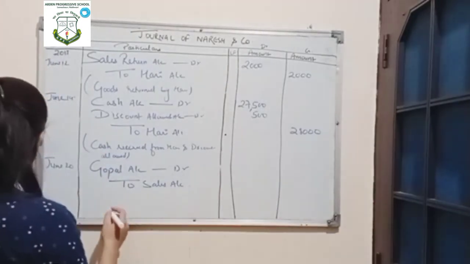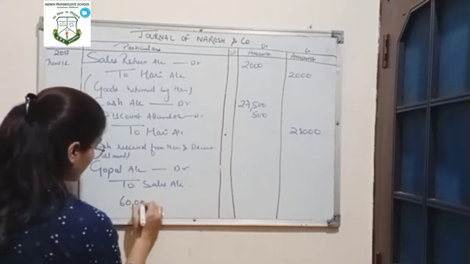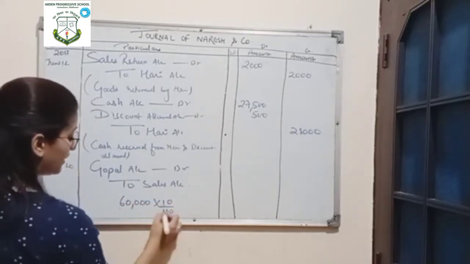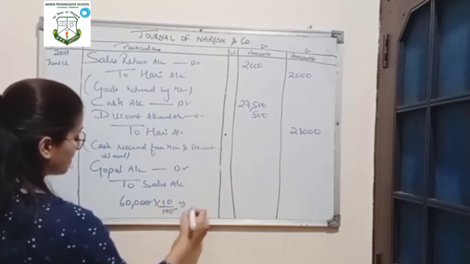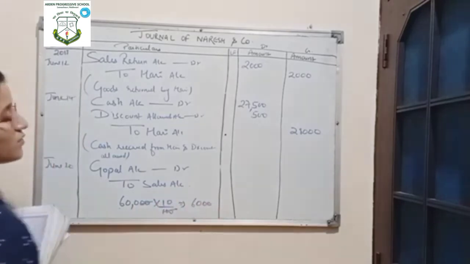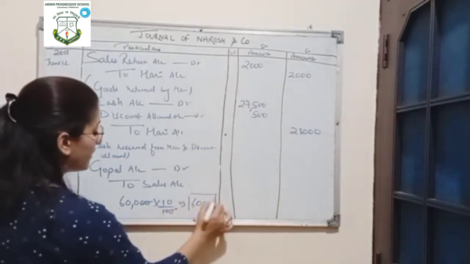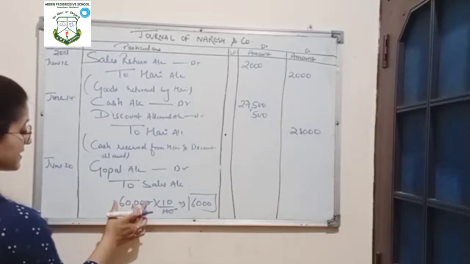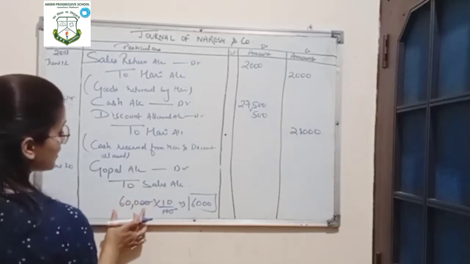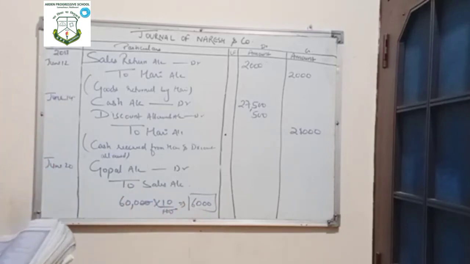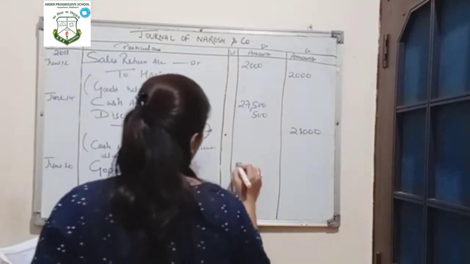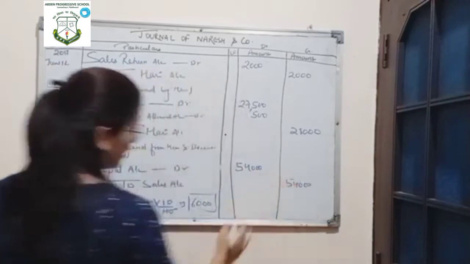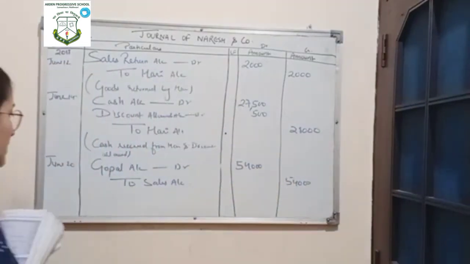Here the goods were amounting to rupees 60,000. 10% is the trade discount, that means the discount amount is 6,000. This 6,000 will be deducted from the invoice of 60,000. 60,000 minus 6,000 will be 54,000. So we will record the amount 54,000.